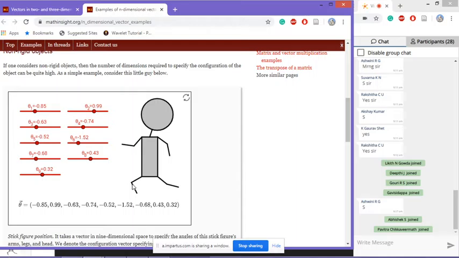Basically for every joint, there are 1 2 3 4 5 6 7 8 and 9 joints. So these 9 joints can be defined in a 9-dimensional space. It's very difficult to write and explain in a 9-dimensional space, but it can be visualized in this way. So this is where vectors play an important role with multidimensional spaces and their applications.